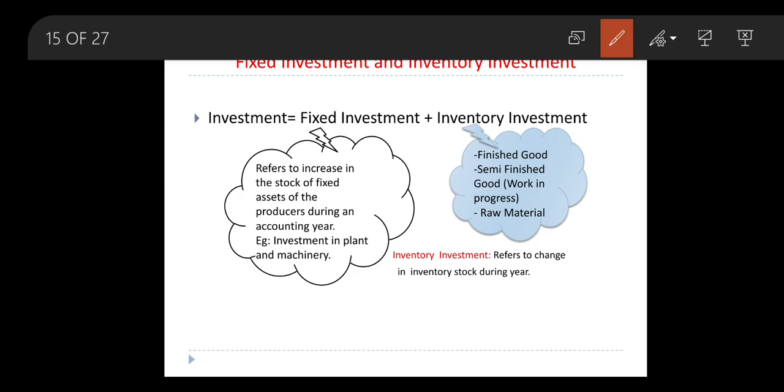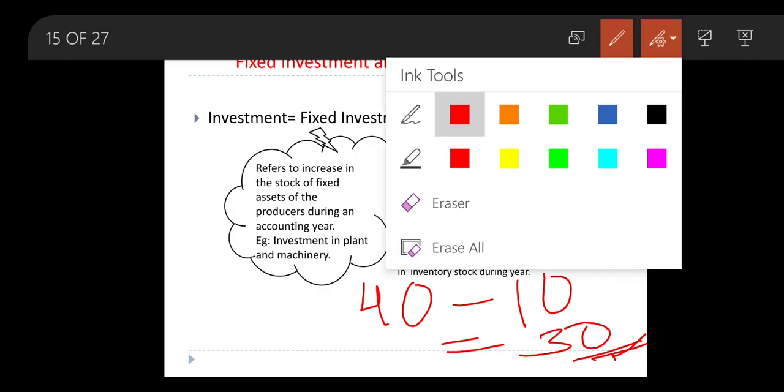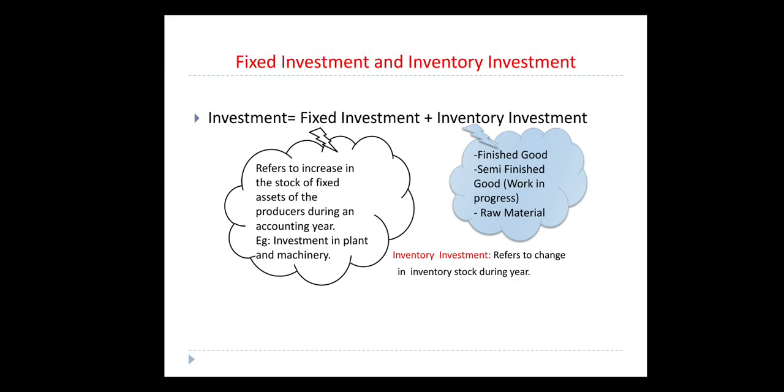At the end of the year it is 40k, and at the beginning of the year it was 10k, right? So there is a change of 30k, or an increase of 30k in inventory stock. So this is your inventory investment. So inventory investment refers to change in inventory stock during the year. Right, I hope you are clear about this.